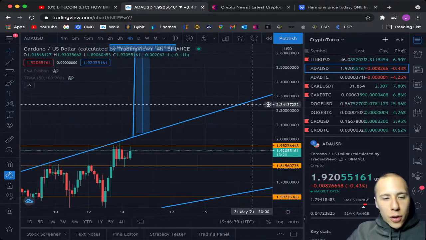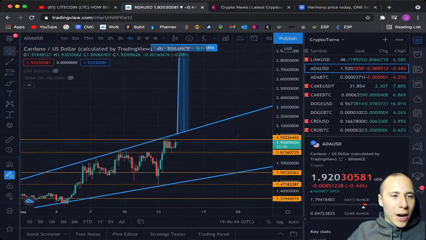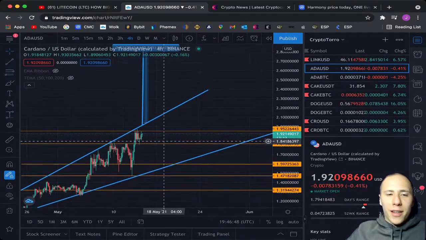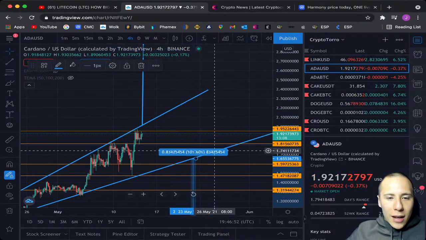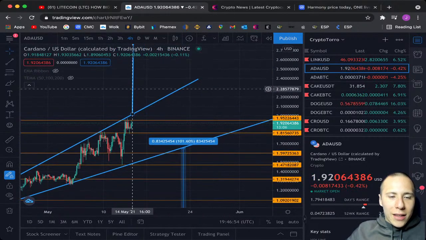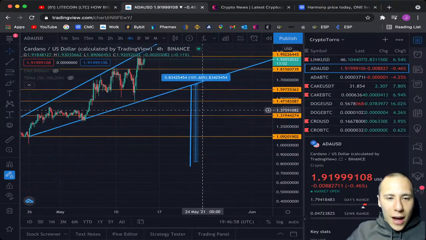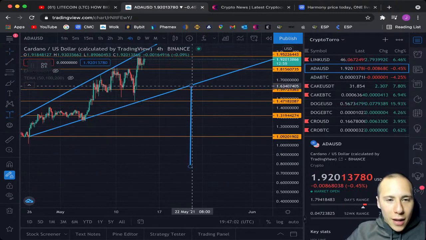And I will also show you the possible downtrend scenario just to make sure. I'm very confident this won't be happening, but I will show you that as well. We could be seeing a downward trend over here being created, and I will be removing this because I have to draw it once again.